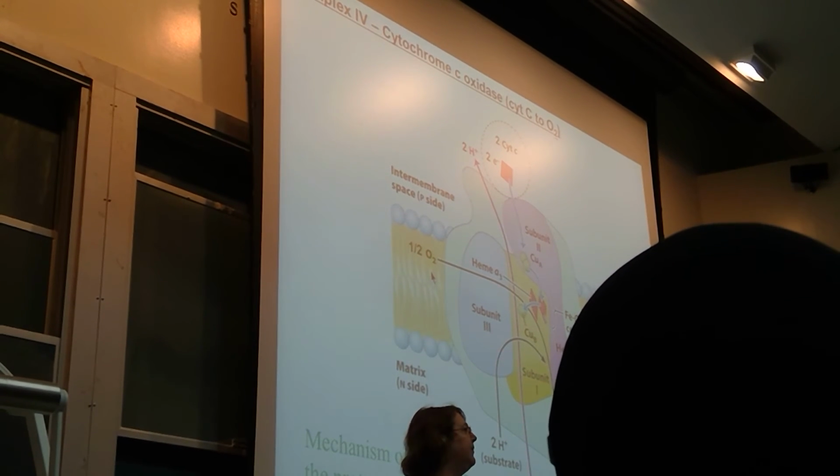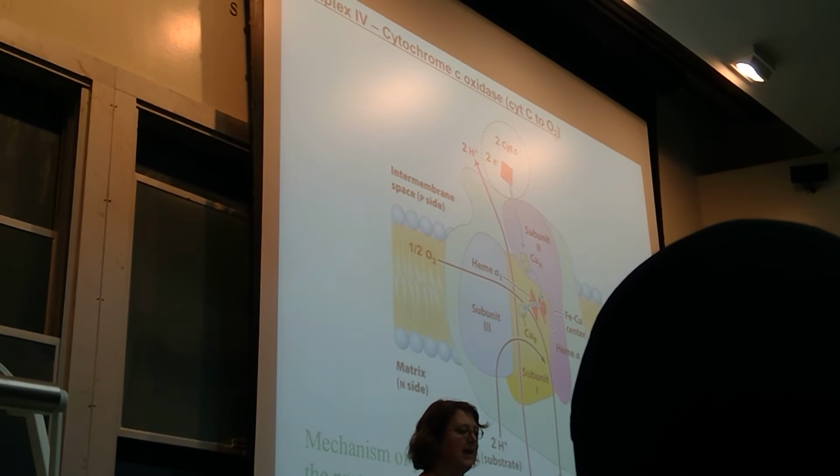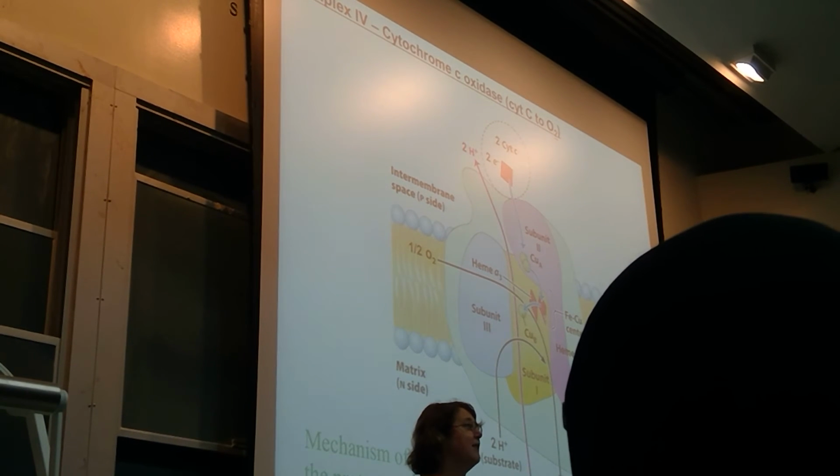This has been drawn both ways. Sometimes we just put oxygen and then we double the substrate and then have 2 H2O, but here I'm showing it as a half oxygen. So we have 2 coming in for the substrate, and then we have a pumping of 2 hydrogens. Again, this mechanism of pumping is still not known.